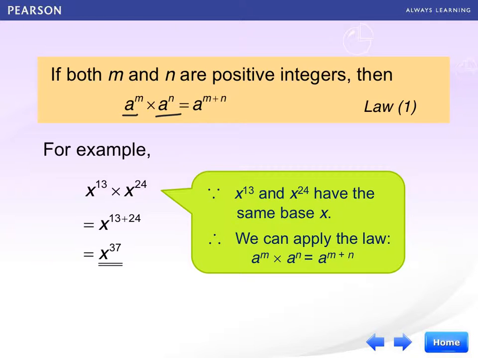For example, x to power 13 times x to power 24, because they have the same base, you can sum the index, and the result equals x to power 37.